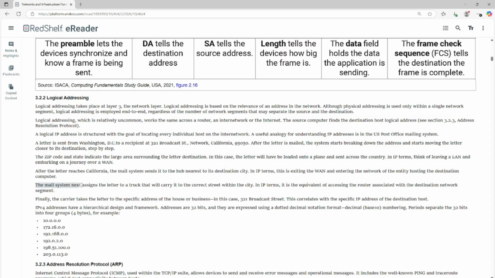The mail system next assigns the letter to a truck that will carry it to the correct street within the city. I mentioned that in one of the examples that I used to explain a process similar to this in chapter 2. In IP terms, it is the equivalent of accessing the router associated with the destination network segment.